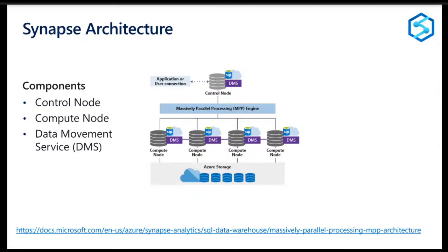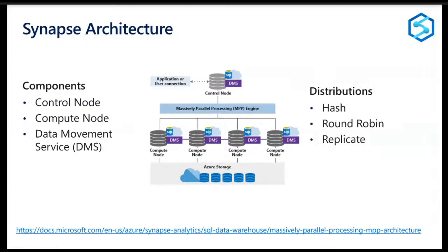There is also a service called DMS, or data movement service. By default, Synapse creates 60 nodes and shards the data automatically across those 60 nodes. It uses Azure Data Lake storage as backing storage, and it tries to separate the compute and the storage parts of the whole engine.